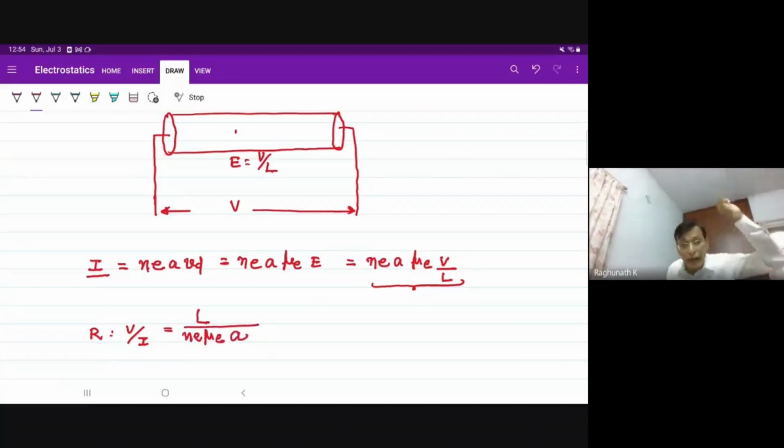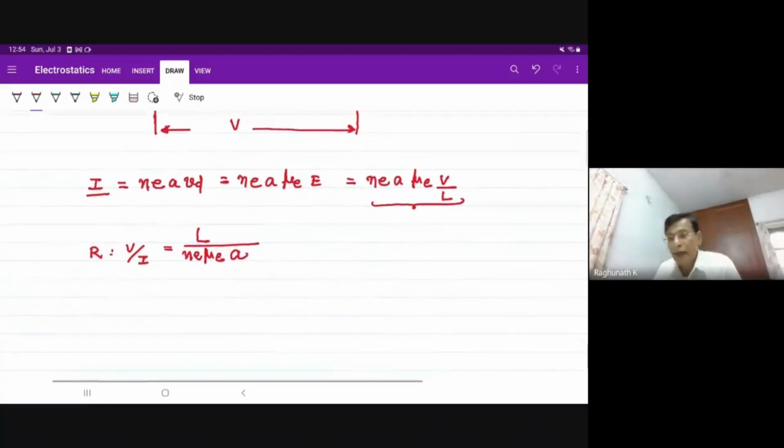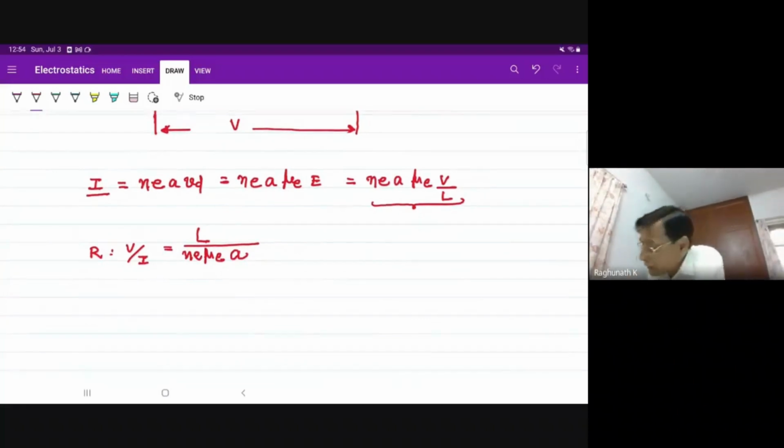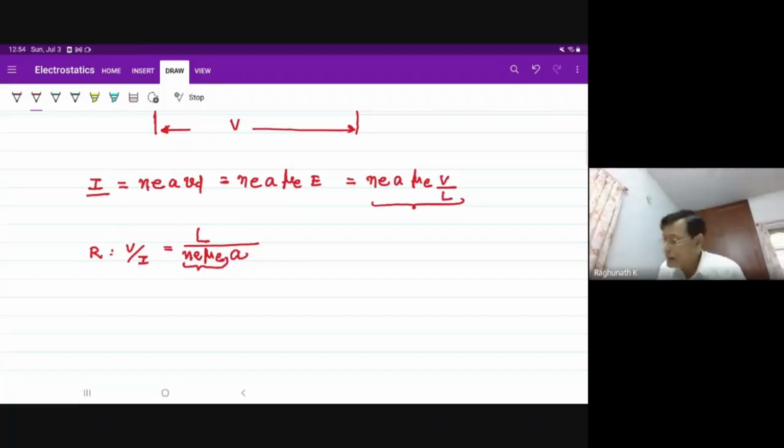For a given conductor at a given temperature, or a given semiconductor at a given temperature, N e mu is a constant. And this N e mu, which is constant for a given conductor at a given temperature, is called the conductivity sigma of the conductor.